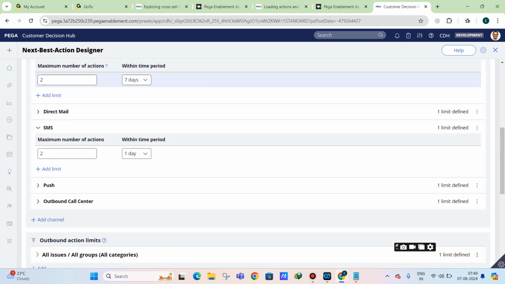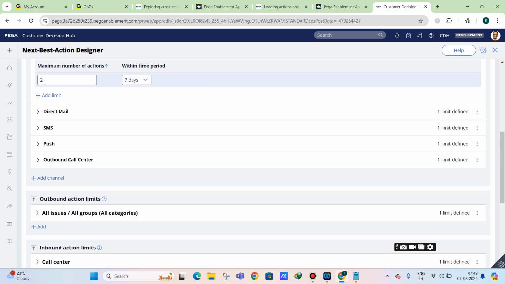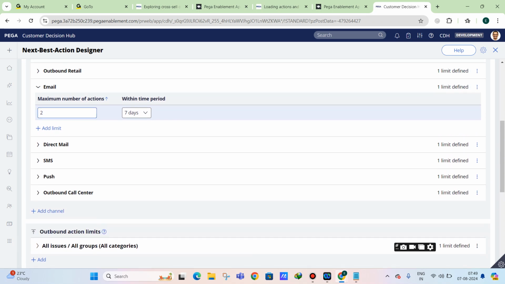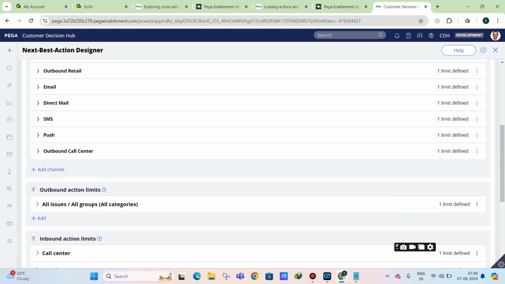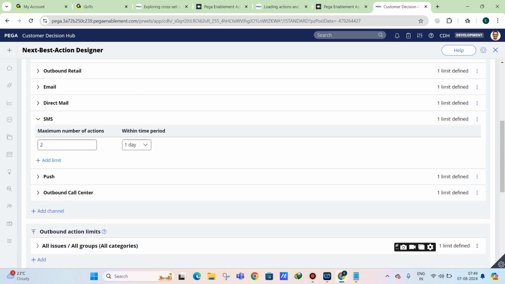So for every outbound channel that is present in your system, you can add a particular limit, like the maximum number of actions we can send to that particular customer in that particular channel in a given time period. So that is what we can configure here. So we have 1, 7, 14, 30, like this.